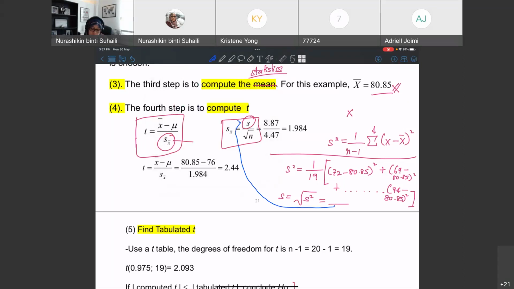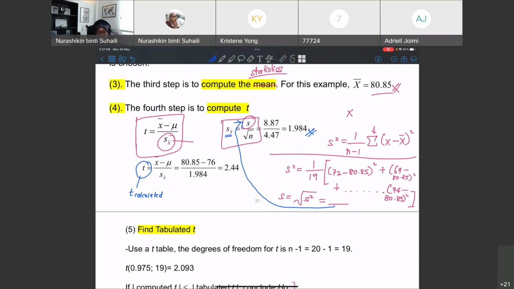Yeah. And that is the value that we have to substitute into this one, right? Okay, and you solve for the standard error of, or the standard deviation of the sample, this one. Okay, this one has been solved for you. So that is the value. Okay, why you need that value? Because you want to find t calculated or t computed.